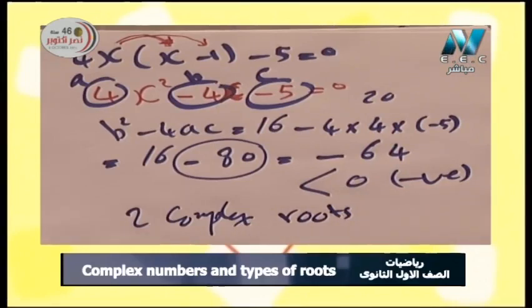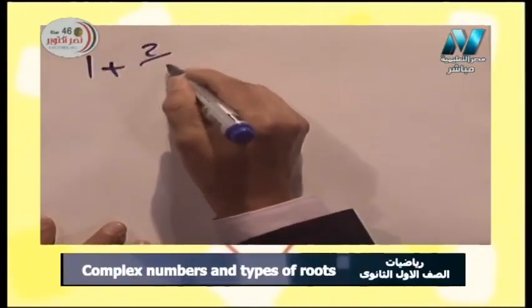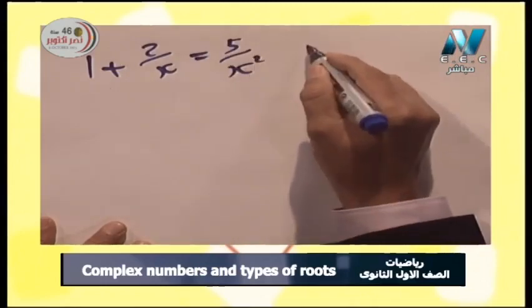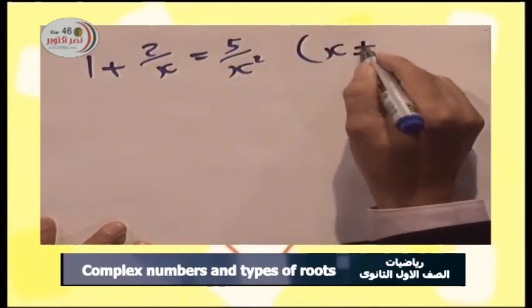Okay, let's move to another question. Yes, my dear students, if we have a question with a denominator of x or any other number, I think most students have a problem with it. So try it now. Determine the two roots of the equation 1 plus 2 over x equals 5 over x², and take care that x doesn't equal 0.